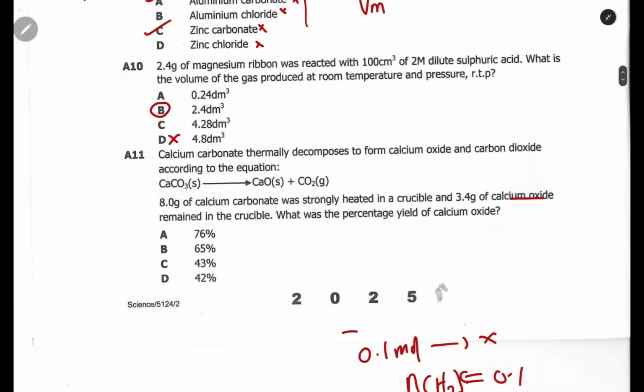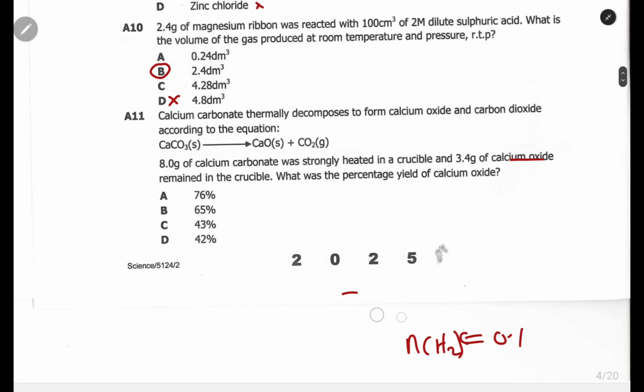All right. Let us look at question 11. Calcium carbonate thermally decomposes to form calcium oxide and carbon dioxide according to the equation.